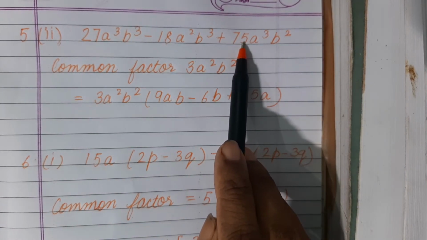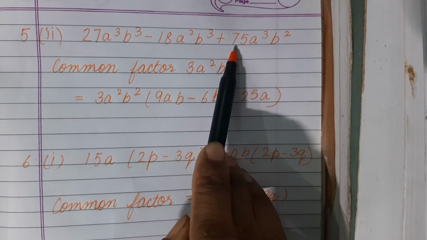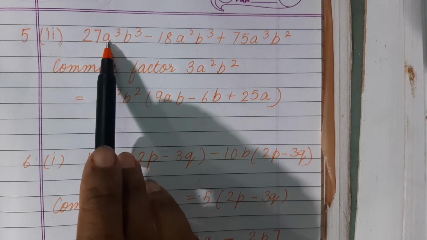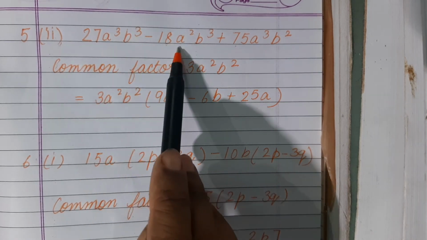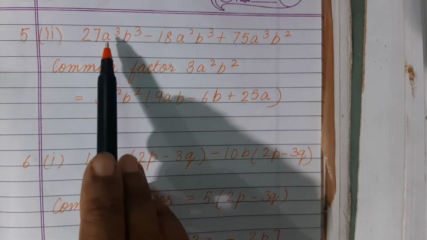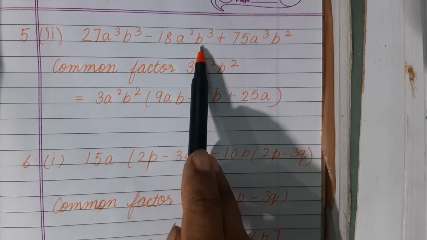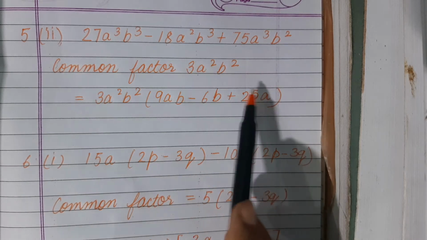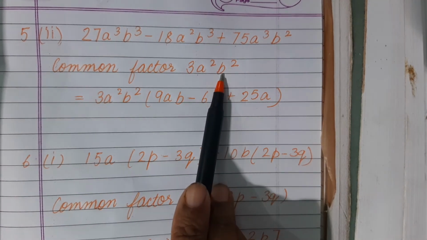What we can see here, 3 will be the numerical coefficient or common factor. Now here a cube, a square, a cube. A square is in all the terms. Therefore, a square will be common. Here b cube, b square. B square is common. B square is everywhere. So we can take b square as a common factor.